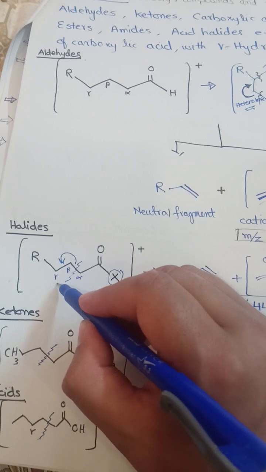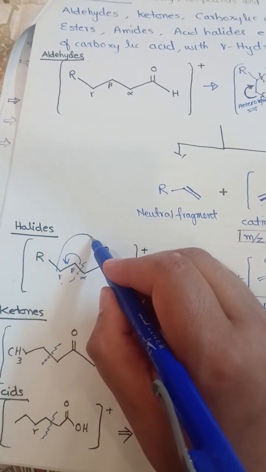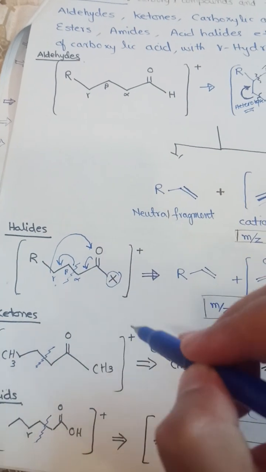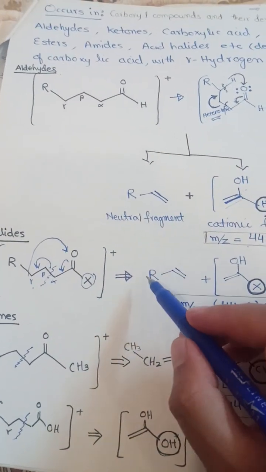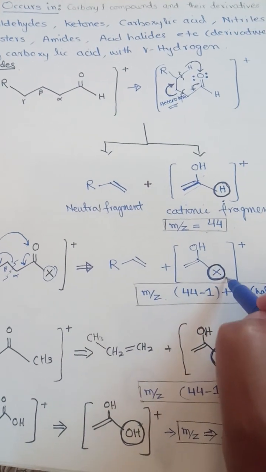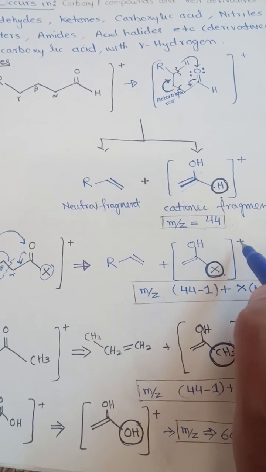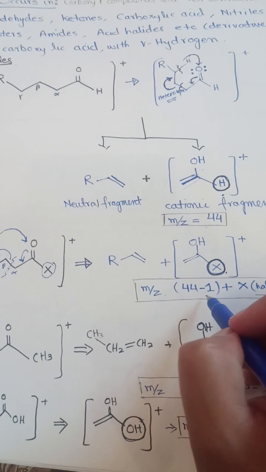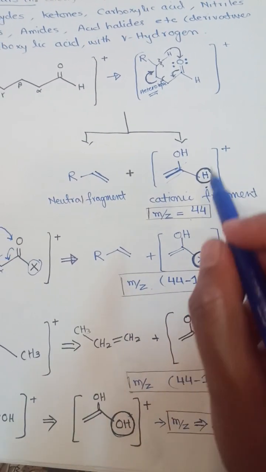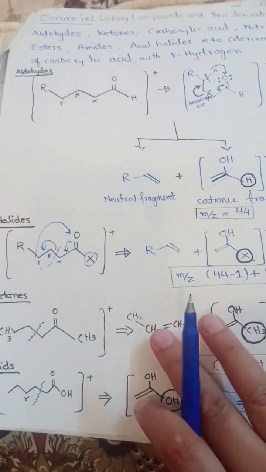This gamma hydrogen will give us a hydrogen here, and this bond will be shifted here, and thus we get this neutral fragment. Here we get an enol with halogen, and due to this halogen the mass to charge ratio will be 44 minus 1 plus halogen. The minus 1 is due to the loss of this hydrogen.